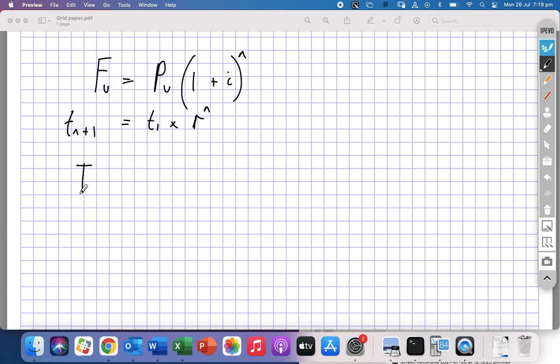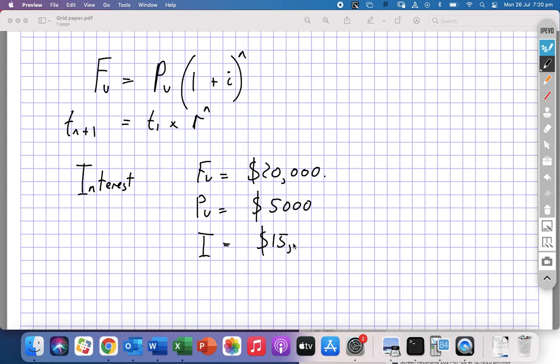Just be on the lookout for if a question asks you about interest, because this formula is not calculating an actual value of interest. If my final value was 20,000, which it wouldn't be, because it'd be slightly higher than that after 28 years, but let's just say it is so I can do the maths easily, and the original value was 5,000, then the interest earned, capital I, not little i for interest rate, the interest that you've actually earned is 15,000.